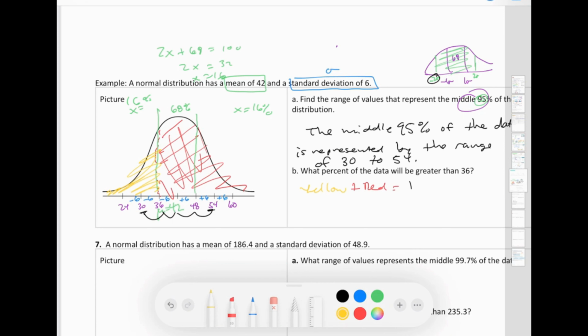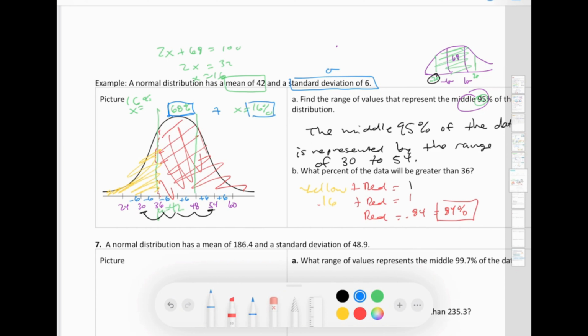And if you know the yellow is 0.16, you're trying to solve for the red, you subtract 0.16, you're going to get the red equals 0.84 or 84%. And a second way you know that is because you can just add 68 plus 16 gives you 84.